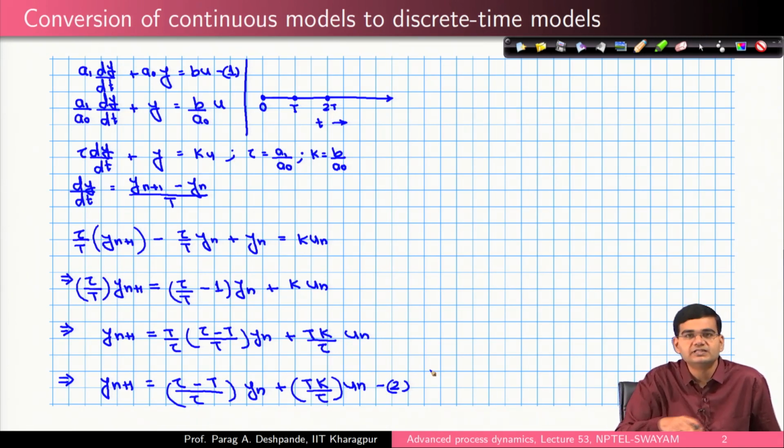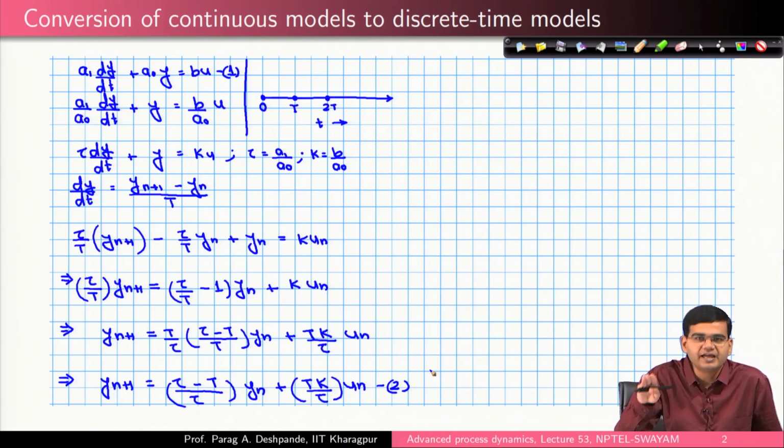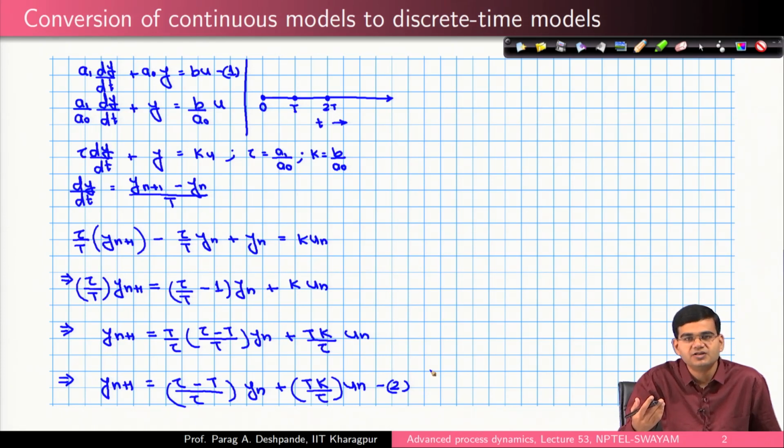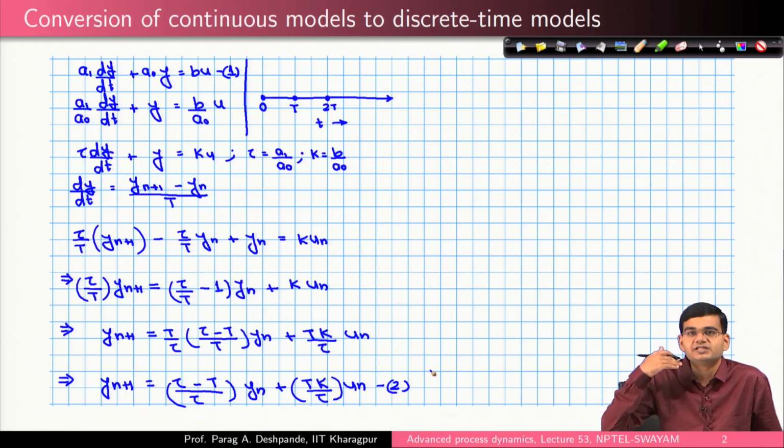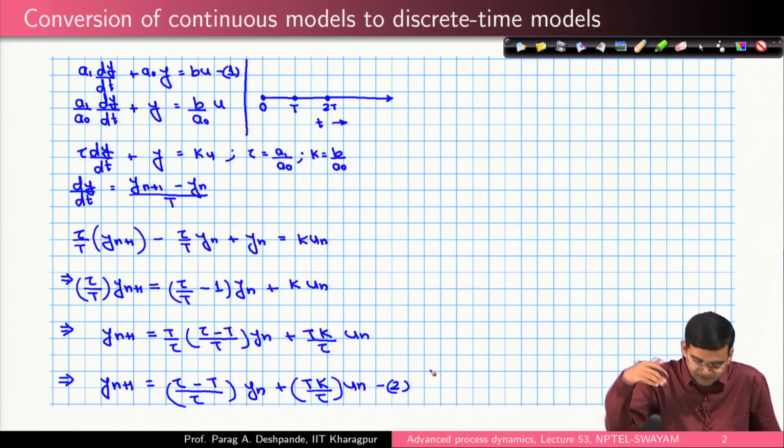See, the whole point of doing this analysis right from day 1 is to determine the time evolution of the system, and when you have the dynamical equation, you do have an idea about the time evolution, but in an indirect manner, that you first need to explicitly solve the dynamical equation for the dynamical variable, and then you can have an idea about the dynamics. But the dynamical equation in the discrete form itself has y of n plus 1, that means the intensity of the signal at the next instant of time as a function of its intensity right in the beginning.